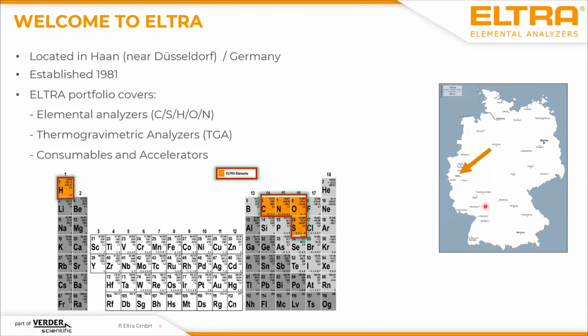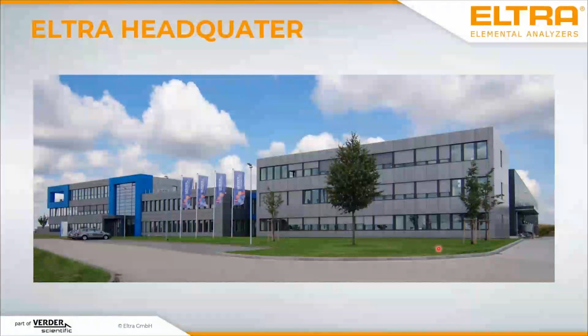Also a very successful thermogravimetric analyzer, TGA, macro thermogravimetry, and of course, high quality consumables and accelerators. At the moment, we are sitting right here. Not so many clouds today, but lovely weather. And we are directly here where you see the laser pointer. Our offices are located there.